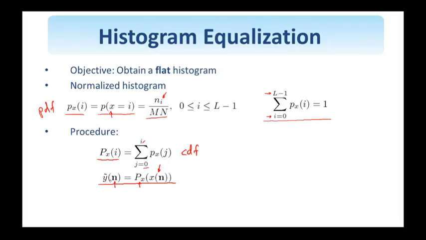And since this mapping will give me values between 0 and 1, there is one more step according to which I take the y tilde here, there's an extra parenthesis, and multiply it by L minus 1, so that again y(n) now, the image with equalized histogram, will range from 0 to L minus 1.